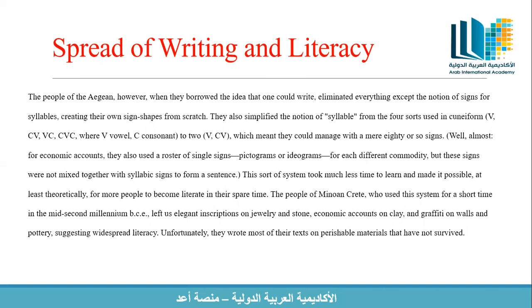They also simplified the notion of syllable from the 4 sorts used in cuneiform: V, which is the vowel, CV, consonant vowel, VC, CVC, where V is the vowel, as I said, C is the consonant, to V and CV, which meant they could manage with a mere 80 or so signs.